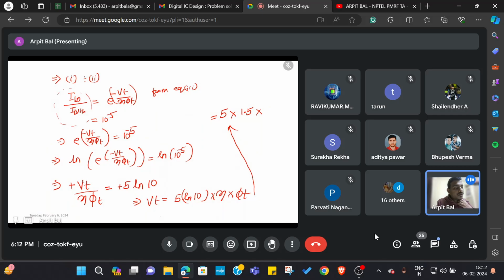So phi T can be taken as 25.6 millivolt, into ln 10. Okay, so the answer is going to be 0.44209 volt. This is going to be our VT.